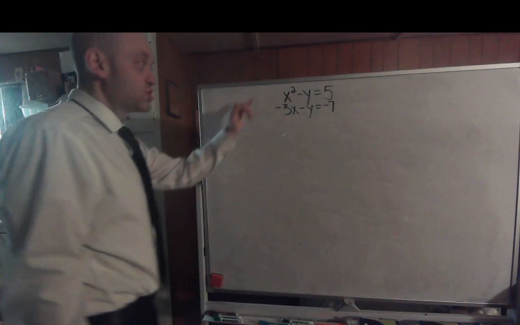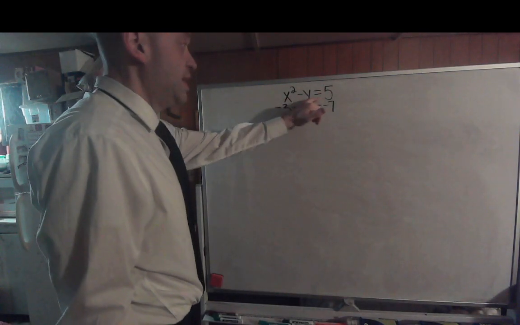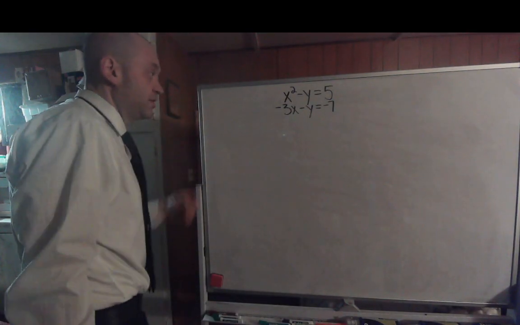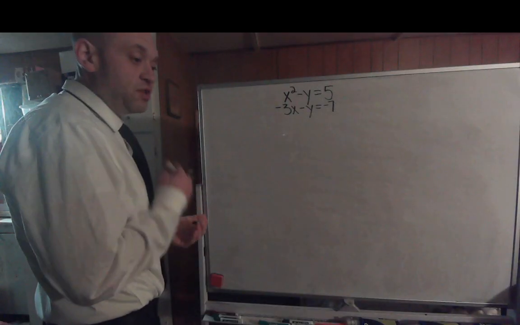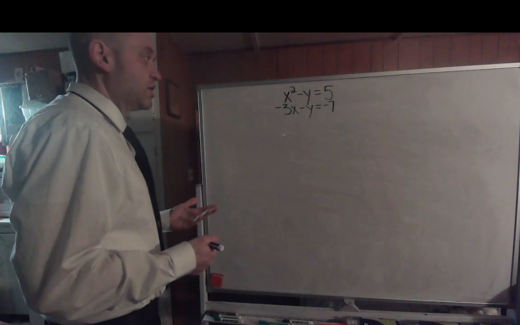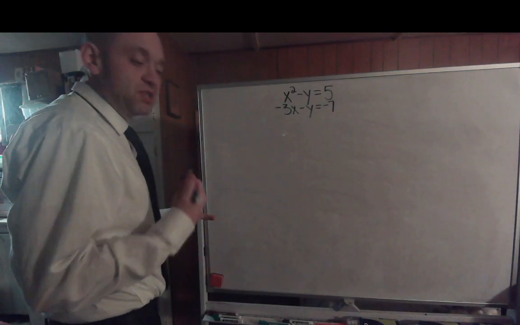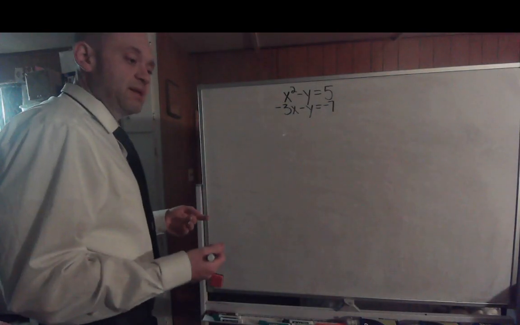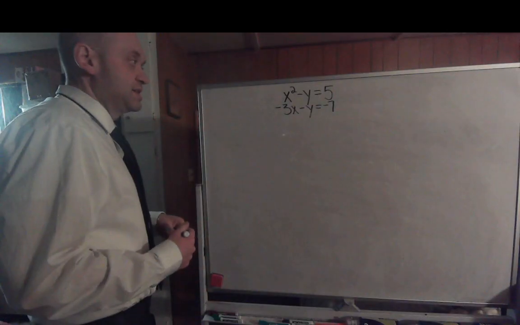So you have x squared minus y equals 5, and then negative 3x minus y equals negative 7. Now, when we solved original systems of equations when everything was linear, we either used substitution or elimination. Well, we can really use a lot of the same tricks even in quadratic systems.